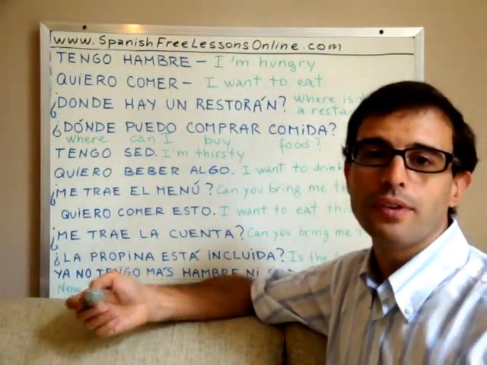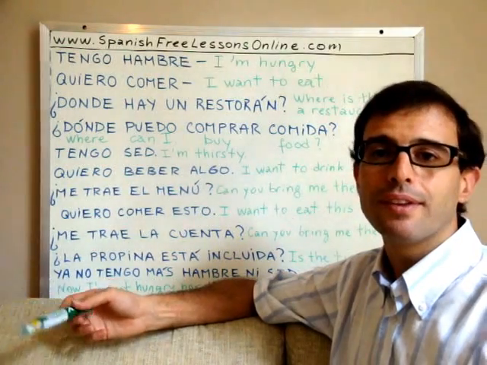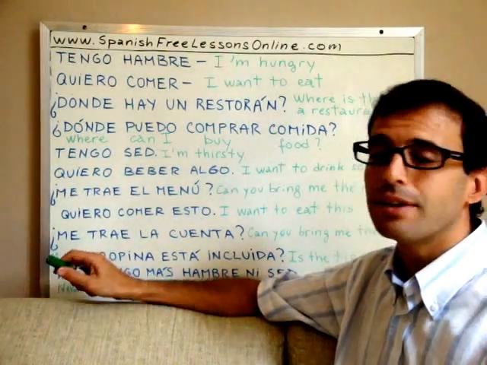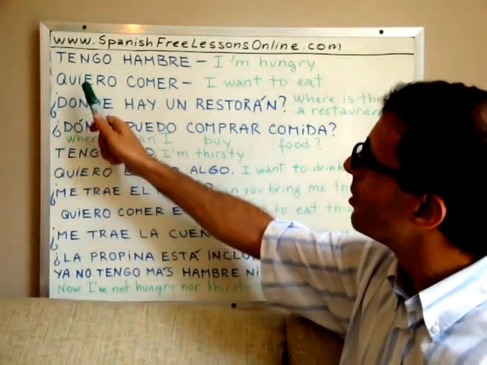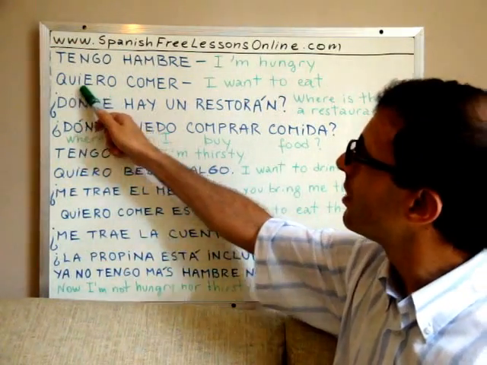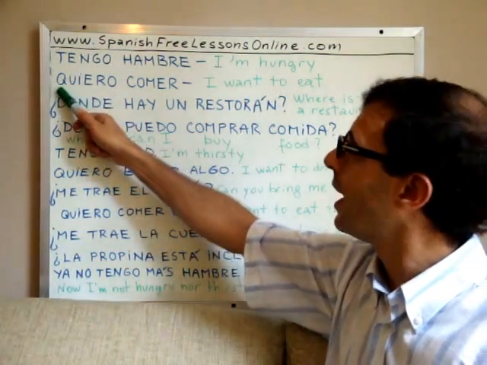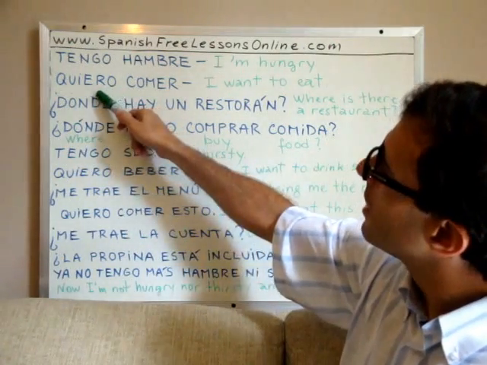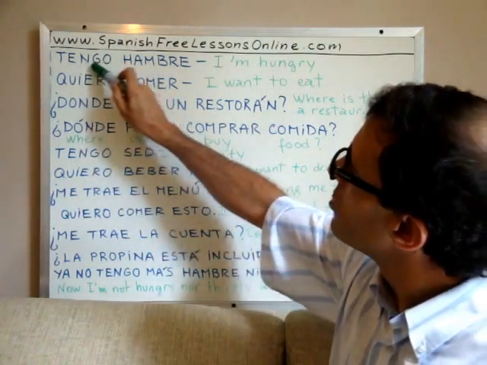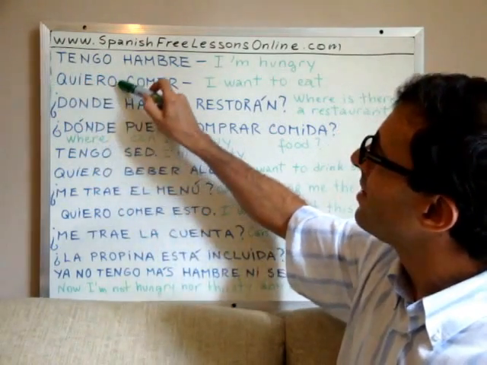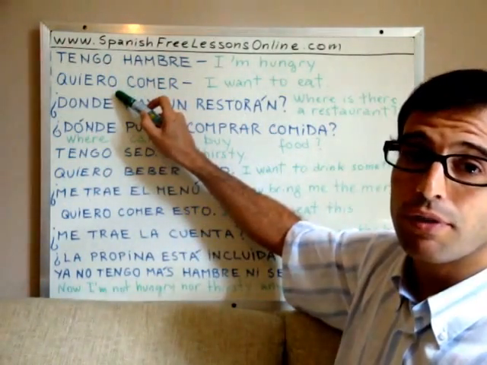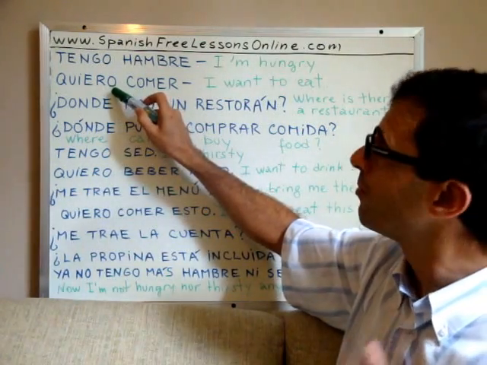And always in Spanish we can omit the subject pronoun because it's implicit in the conjugated verb, right? Quiero is the verb to want. I want. We look at quiero and we know immediately that this is conjugated in the present tense and for the first person of the singular, for I, yo.